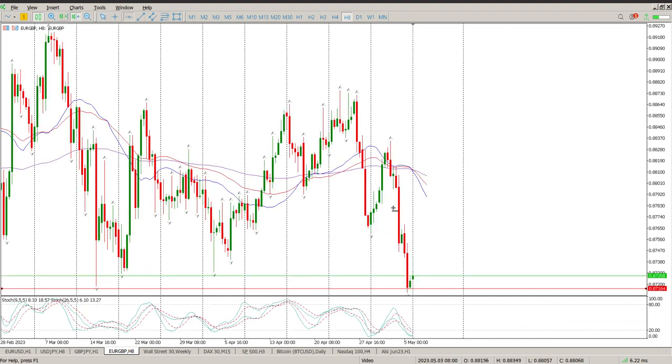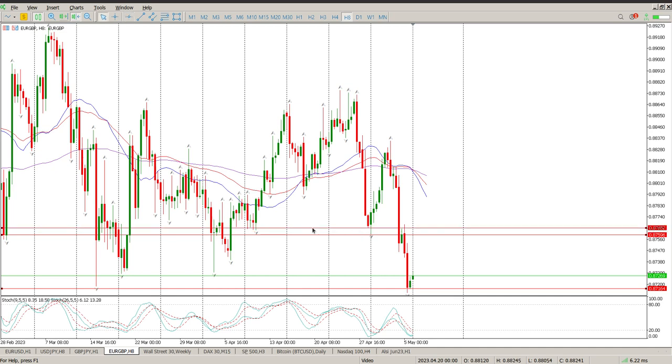I would consider something over there, and I'm not really going to pay attention to these bars. I'm going to take the closest bar because just above it is quite a strong area as well. So this is the zone I'd be paying attention to, 0.87652 and 0.87596.